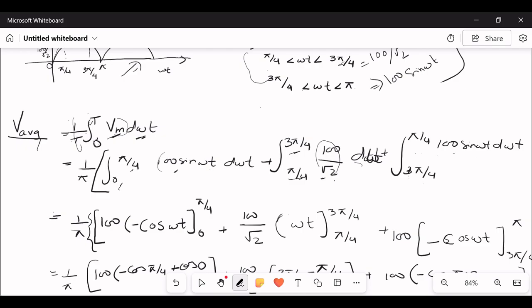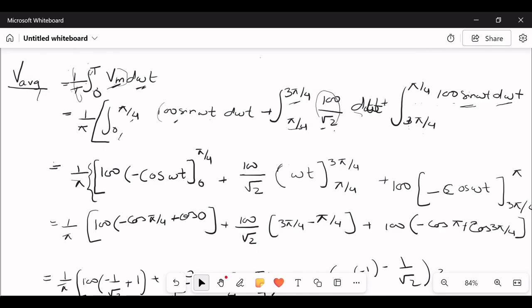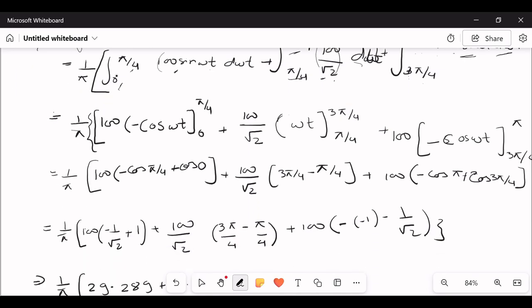So we integrate that. We know the integration of sin ωt is minus cos ωt, and 100 is a constant value. So we take the 100 out and integrate sin ωt, which becomes minus cos ωt, with integration from 0 to π/4.